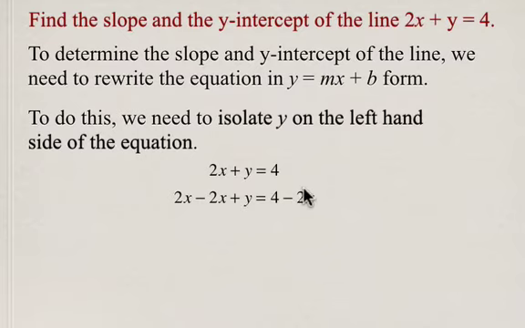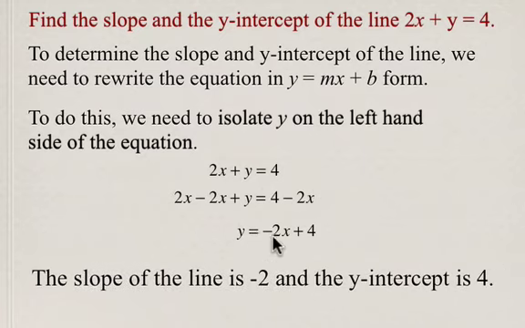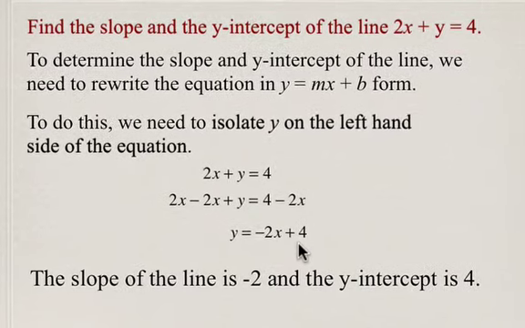And we can rearrange this side of the equation, and we want to put the x term first because that's the way it is in y equals mx plus b. So if we're going to switch these around, this is plus 4 and minus 2x. So we have to write it as y equals negative 2x plus 4. And remember, the sign stays with the term. So therefore, the slope of the line is negative 2, and the y-intercept here is 4.